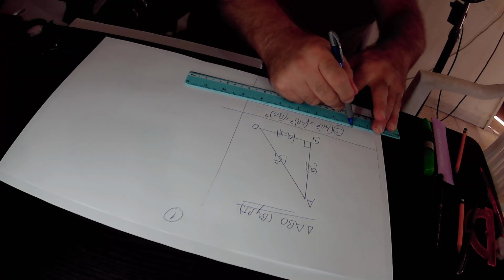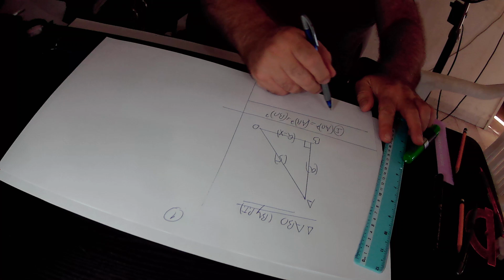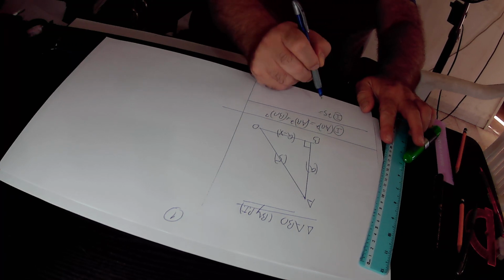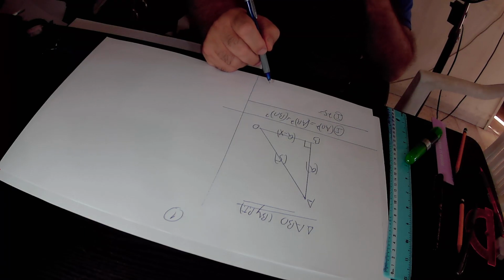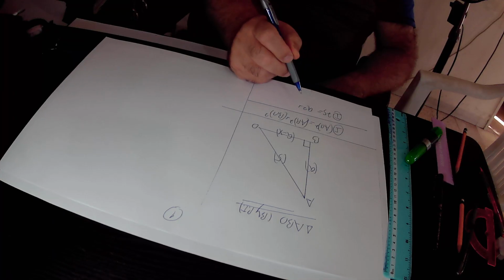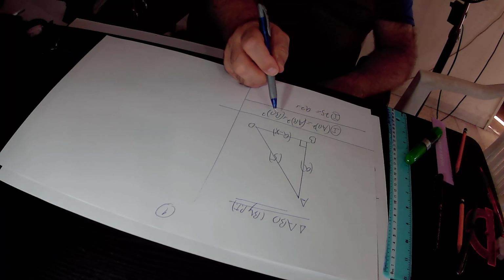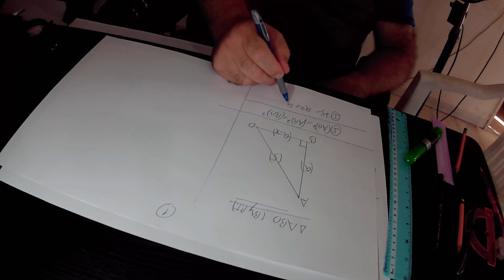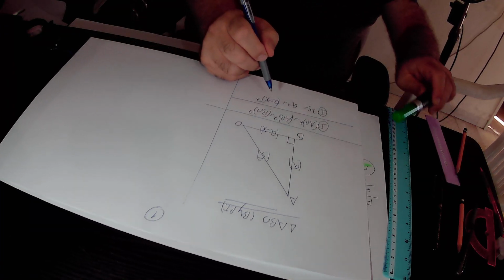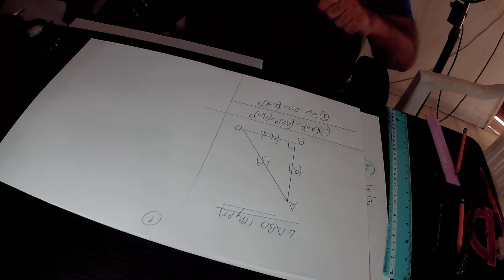The hypotenuse AO equals 5 units in its length, therefore AO squared is 5 squared, that is 25, and it is equal to AB squared. AB is A, therefore AB squared is A squared plus BO squared. BO is A minus X, therefore BO squared is (A minus X) squared. So according to equation 1, we have found out that 25 equals A squared plus (A minus X) squared.